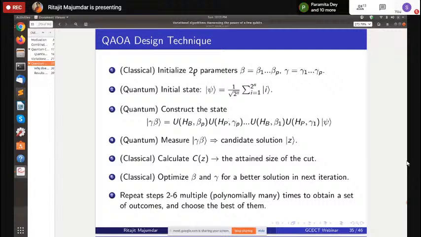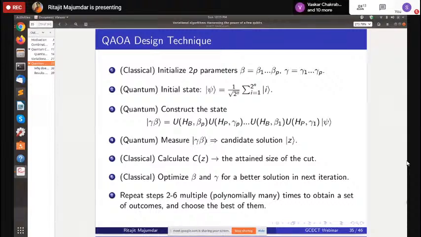So you fix a set of parameters, you prepare the initial state, you prepare this state gamma beta using that same parameter again and again, and you measure it. Because since it is probabilistic, if you do the measurement only once, there is a probability that you may end up with a very bad solution. So you do it multiple times to get a better estimation.